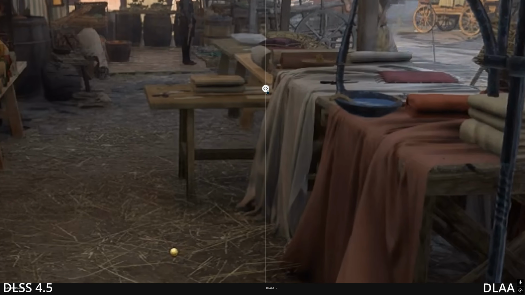DLSS 4.5 is also more effective at reducing the shimmering along the edges of certain surfaces, like here.